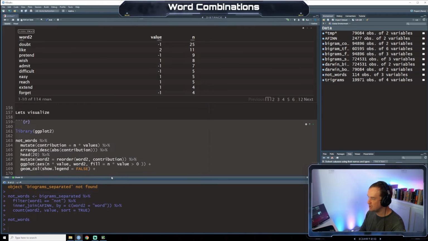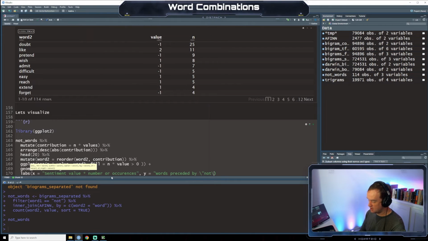We just want to look at it. And then our labels are going to be sentiment value times number of occurrences, and then y equals words preceded by "not".